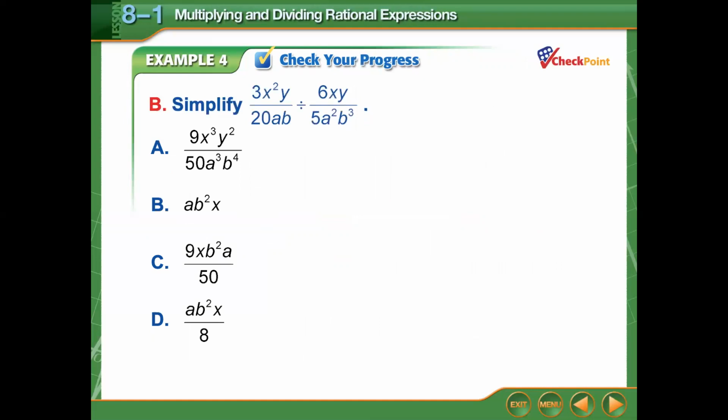Okay. Go ahead and try this problem. When you do, you should get D.